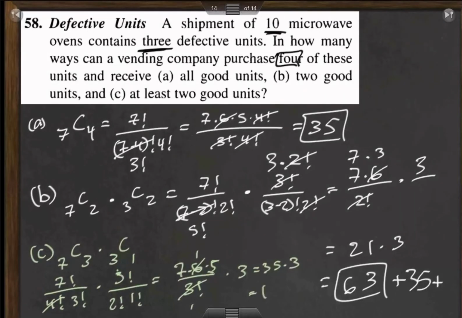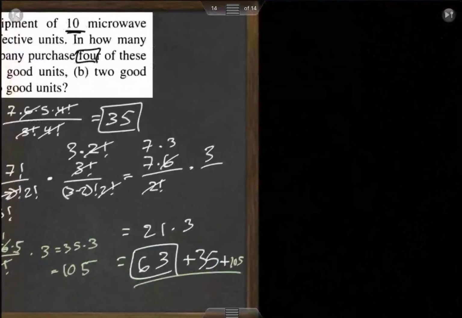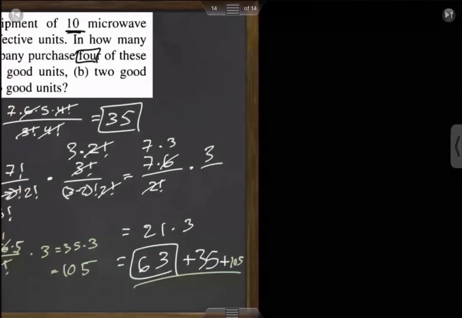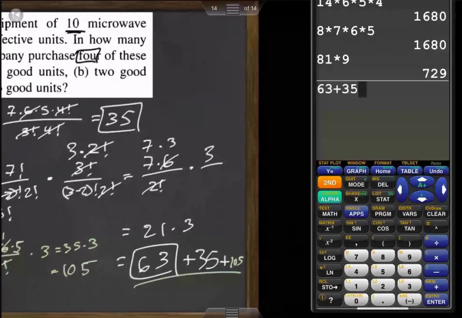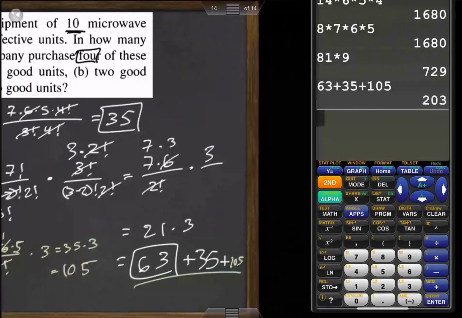So is that right? Yes, that's right. So I'm going to add 105 to this, and once I add up all those, I get my answer to letter C. That's 63 plus 35 plus 105, which is 203. So C's answer is 203.